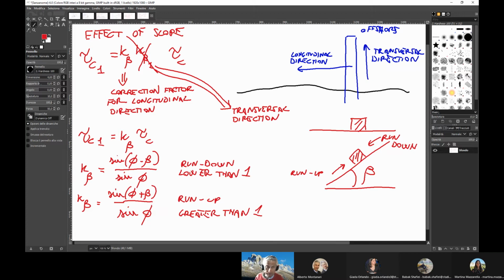And there is something that we didn't discuss yet, which is the effect of hiding. So we discussed the effect of slope, but we didn't discuss the effect of hiding, which is strictly related to the effect of the unit shape. Let me discuss this later because this is very descriptive.